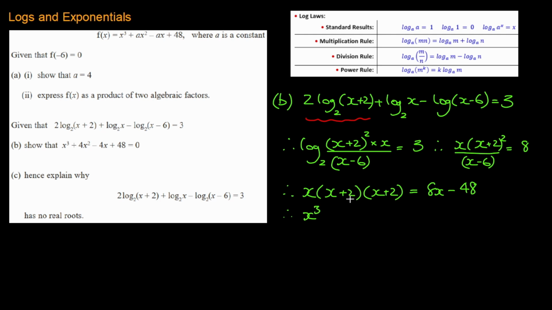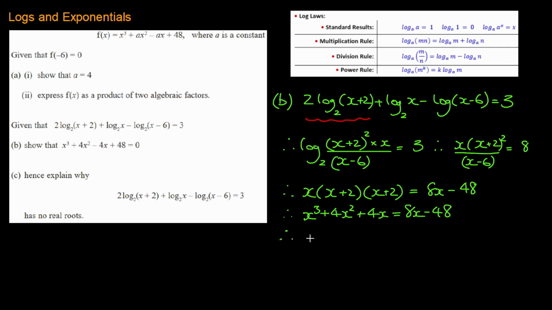Now underneath, this is 2x, this is another 2x, so it's 4x, but we multiply it by x, so it's plus 4x squared. 2 times 2 is 4, multiplied by the x, so this is 4x, and that's equal to 8x minus 48. It's looking remarkably close to what we're supposed to get.